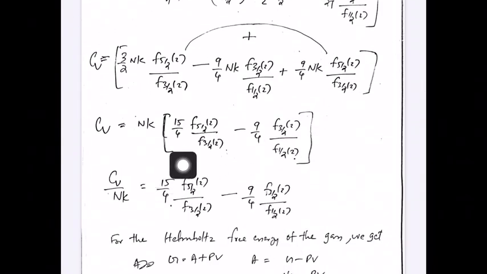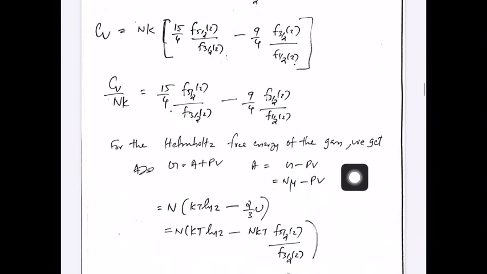So Cv/Nk will be (15/4) f_{5/2}(z)/f_{3/2}(z) minus (9/4) f_{3/2}(z)/f_{1/2}(z). So this is Cv/Nk.